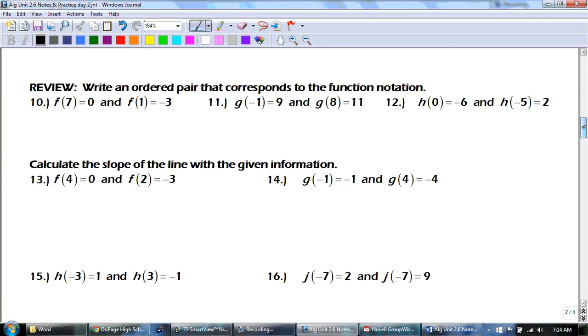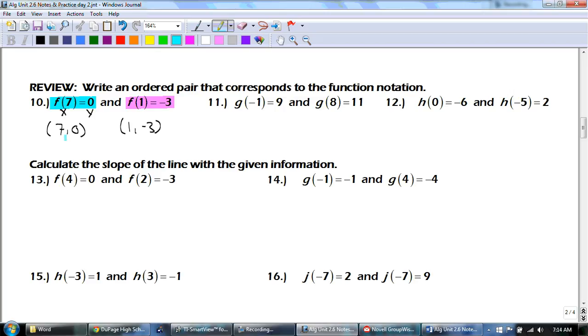So it's asking us to rewrite the ordered pair that corresponds to the function notation. So I've got one function right here, but I've got 2 answers, 2 ordered pairs in here. So remember that our first is our x, and then that's our y. So this would be the point 7, 0, and 1 comma -3.